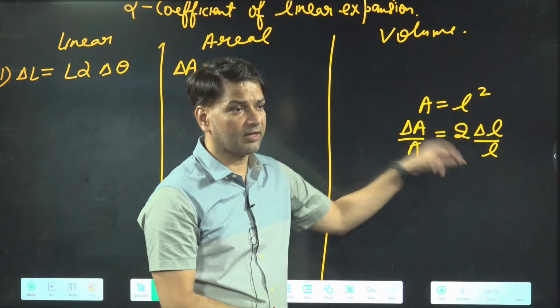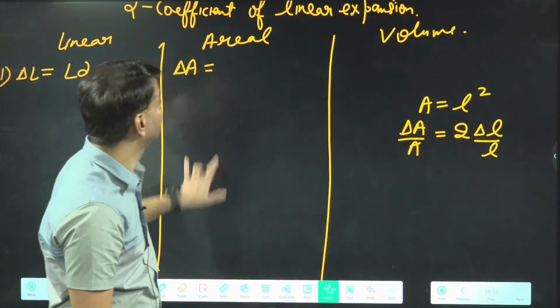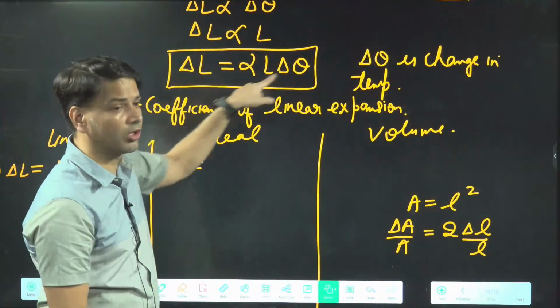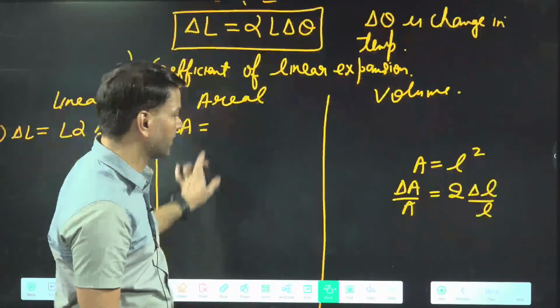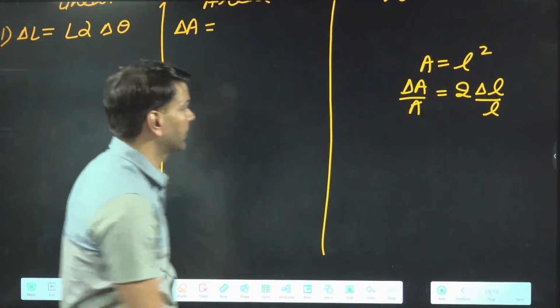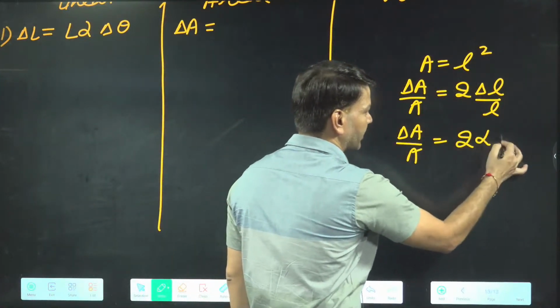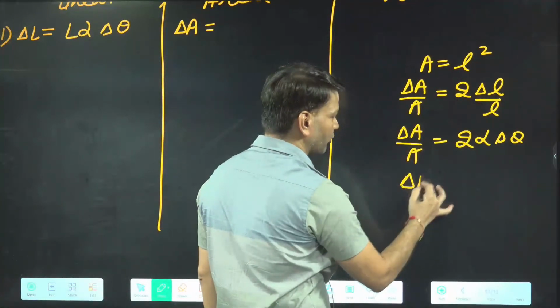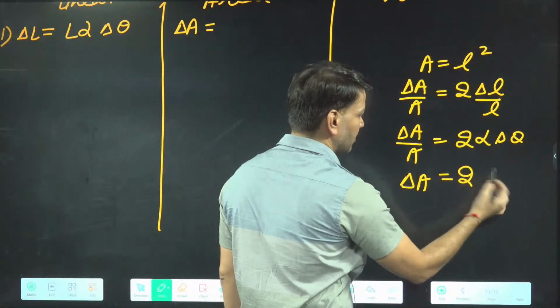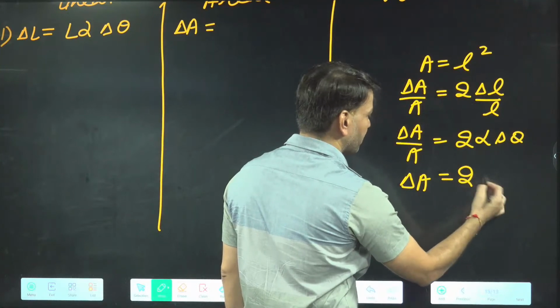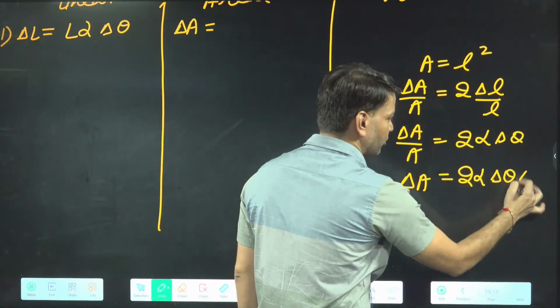Now delta L by L we can replace by the above formula: delta L by L is alpha delta theta. Then here we will get delta A by A equal to 2 alpha delta theta. Then delta A you will get 2 alpha delta theta into A.